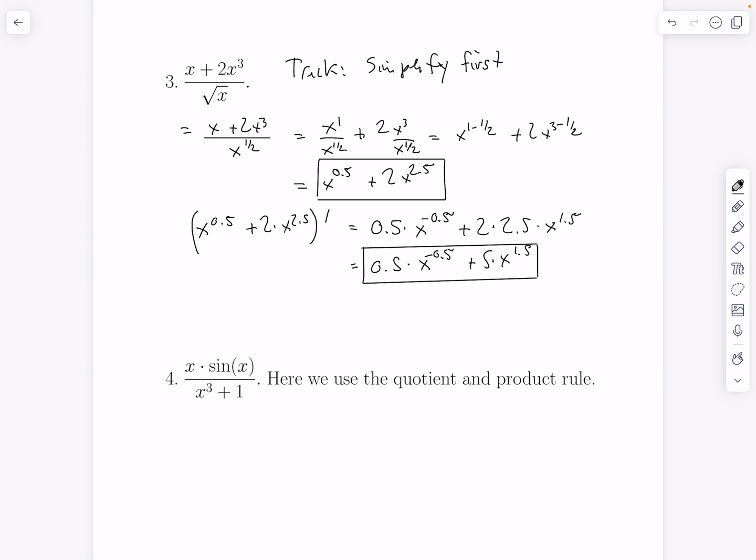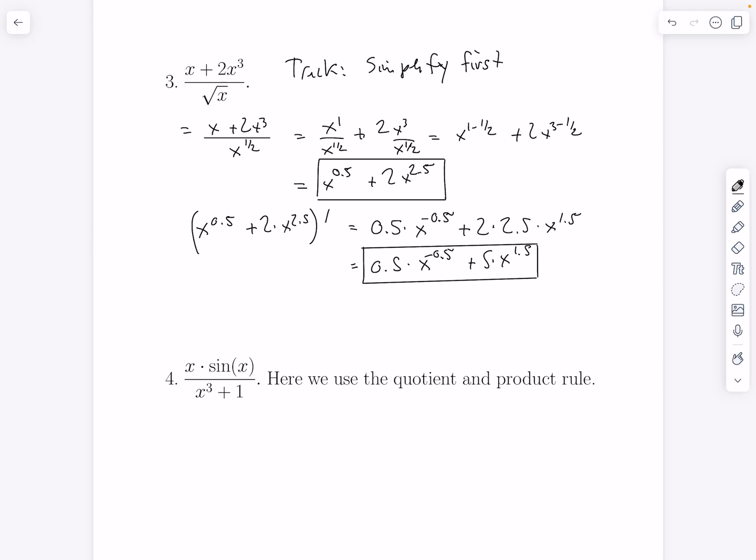Okay. Next one. Now that's so great, we can do combinations of the quotient and the product rule, and we can do 2 product rules with 1 quotient rule, and so on and so on, yeah? Let's see how it goes in this example, yeah?